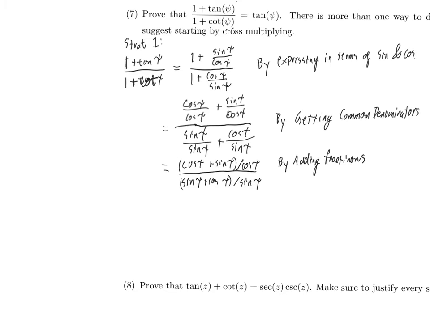Well, great. Again, more than one way to go about these, but maybe as the next step that I'll follow, I see a fraction divided by a fraction. So whenever you see a fraction divided by a fraction, you know what you have to do. You need to multiply by the reciprocal of the denominator.